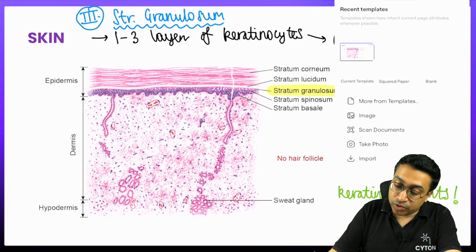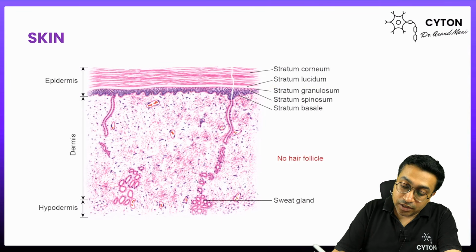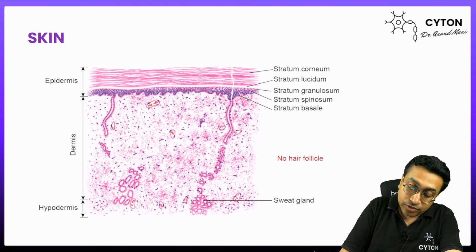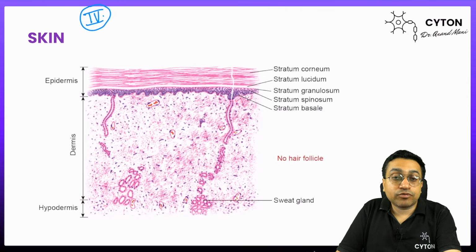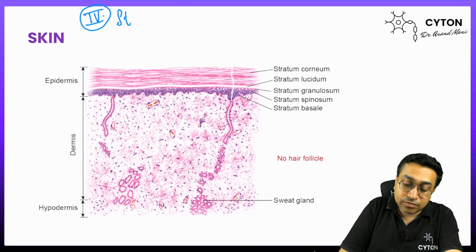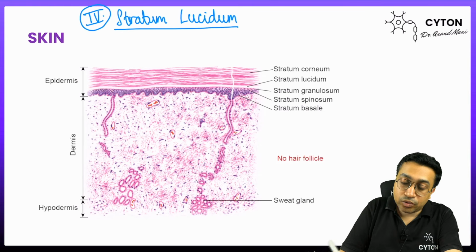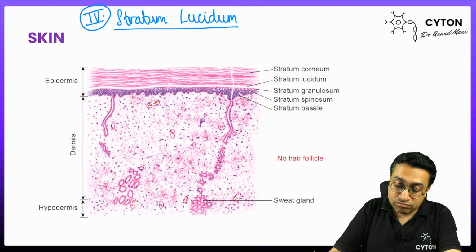Then we come to layer number 4. The layer number 4 is stratum lucidum. Now lucid means clear.